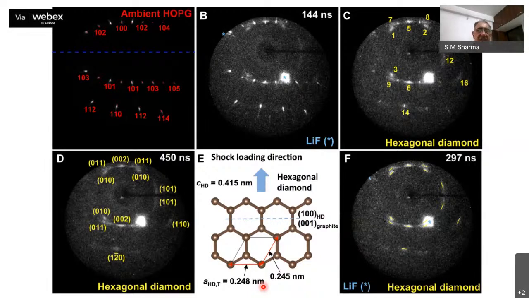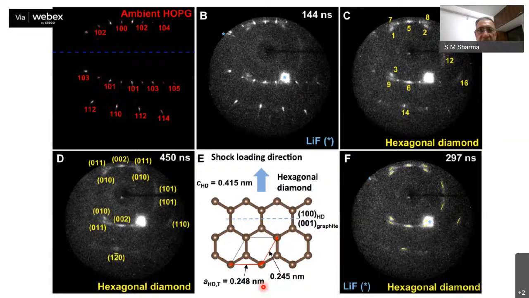This is the question which I posed a few minutes back. For example, graphite to diamond, which is an extremely sluggish phase transformation requiring days, transforms within a matter of a few tenths of nanoseconds.